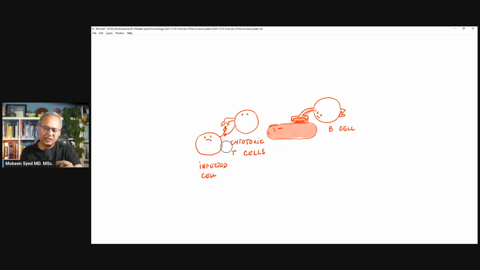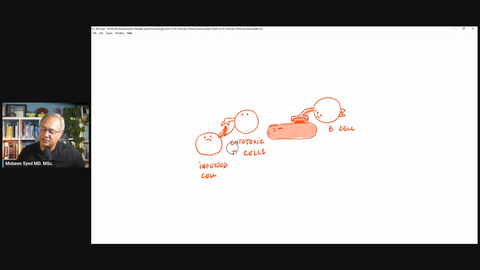So either a viral thing or a bacterial component or a fungal component or even cancerous proteins in the early part of the cancer cells. Those antigens will be presented on the infected cells on MHC1 molecule. All nucleated cells present the antigen on MHC1 molecule.